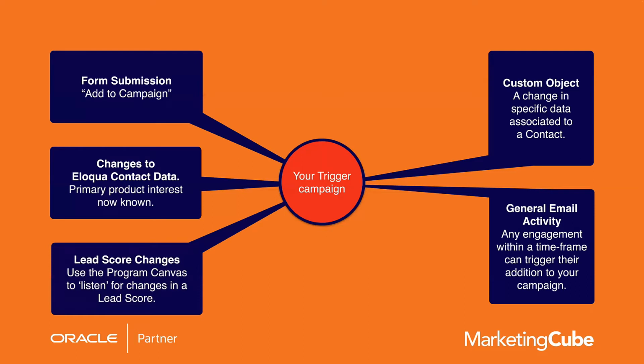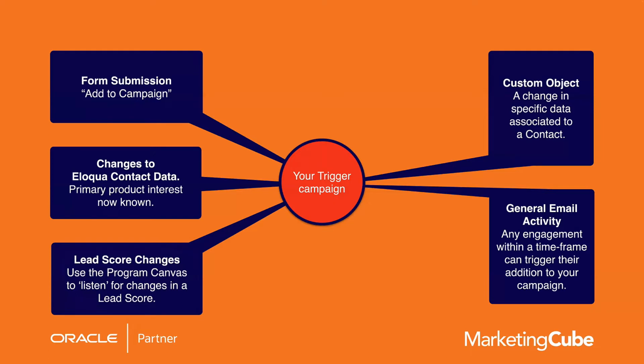Lead score changes. There are 2 ways to do this. The program canvas has a function where it listens for changes in a lead score. The ability to listen for a change in the lead score is a little bit different to the way we do it in segments. In segments, we're looking for a specific lead score of A1, A2, B1, B2, for example, and you can select a range.